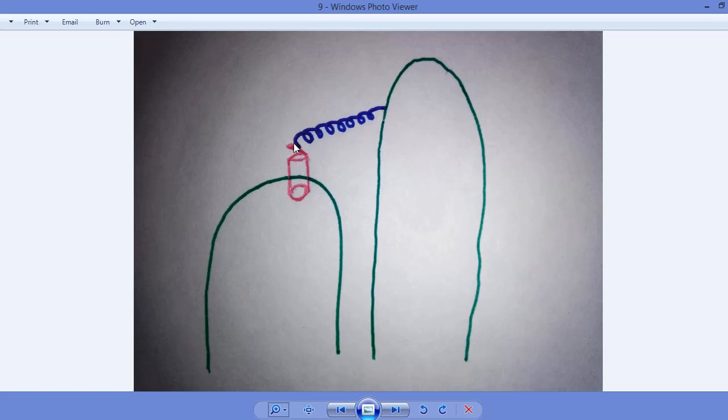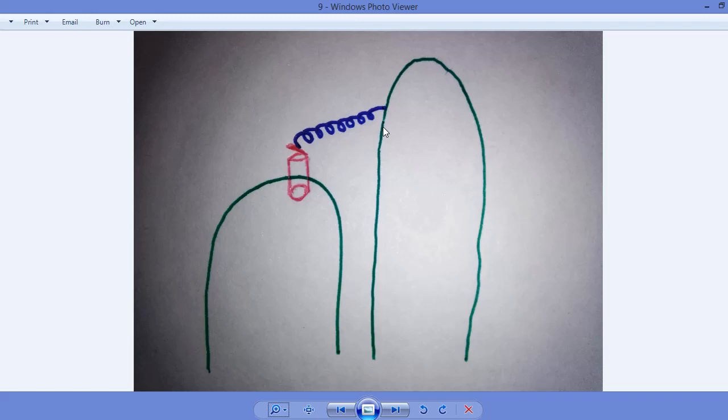This potassium channel has a lid-like structure. This lid is connected with the tip link protein, and the tip link protein is a spring-like structure. One end of the tip link protein is connected with the tip of this potassium channel, and the other end is connected with the lateral side of the stereocilia.